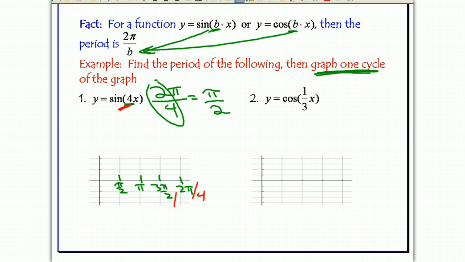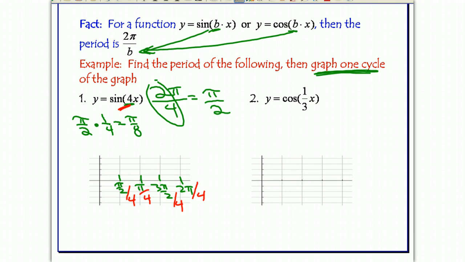And as a matter of fact, guys, everything is divided by 4. And that might be a little tricky at first. How do you divide by 4? And if you're good with fractions, don't worry about it. If you're not so good with fractions, let's take pi halves. How do I divide by 4? Easiest is multiply by the reciprocal, 1/4. And look, I get pi eighths.